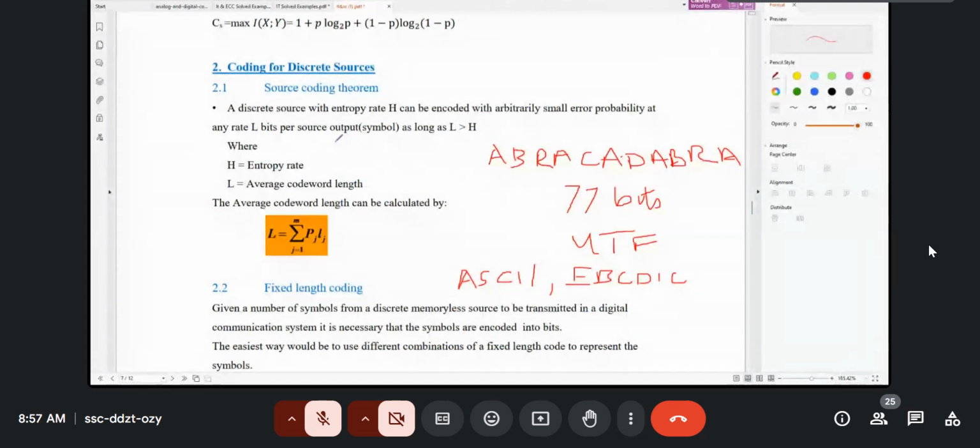Because we are not coding at one fixed length. We are going to code as per their information content, but we are saying the average length. This average length must be greater than the average information content. So that's what this is.